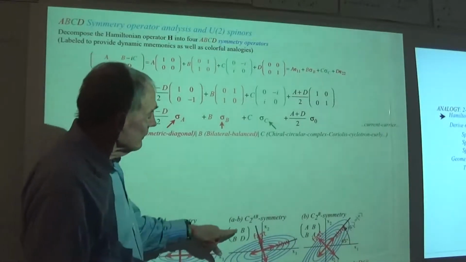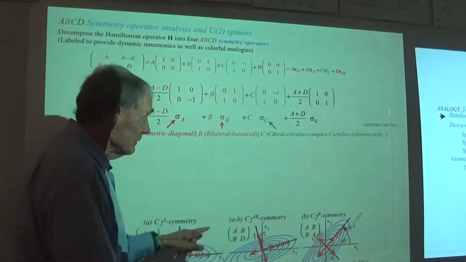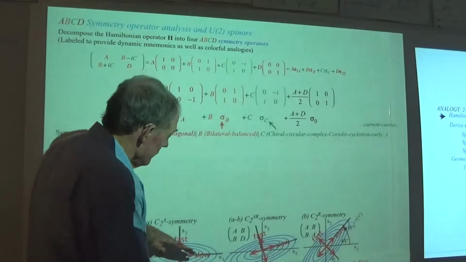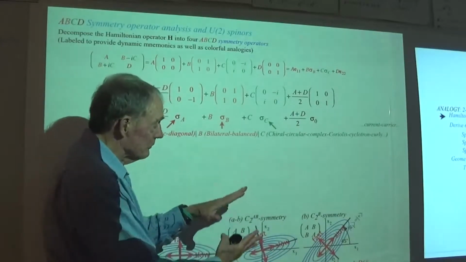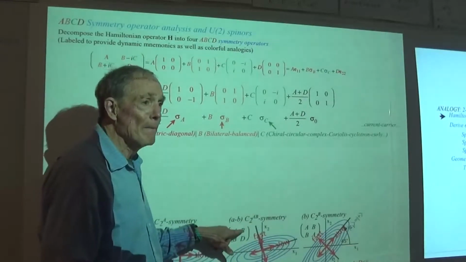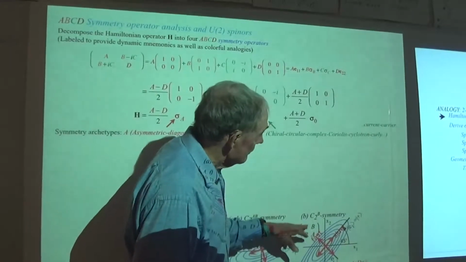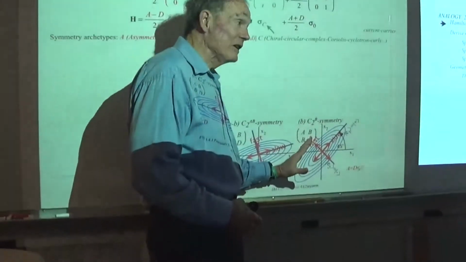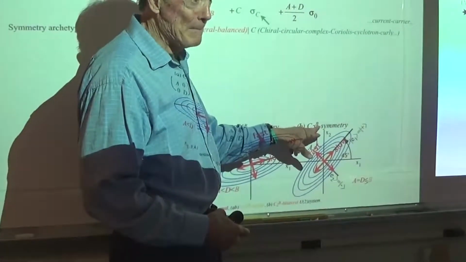But if you turn the off diagonal on, but still leave these unequal to each other, then this ellipse will rotate. We've seen that geometry of the ellipse rotating as you go to off diagonal quadratic form, right? And finally, if you make the two equal in the center there, it locks in on the 45-degree line, and that's what we call B symmetry.